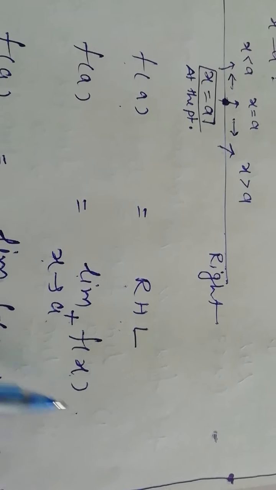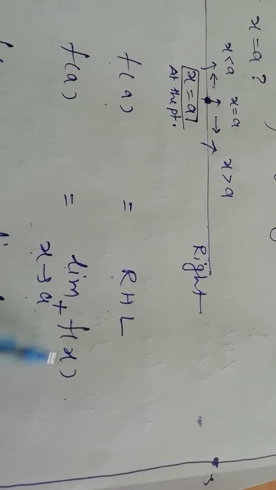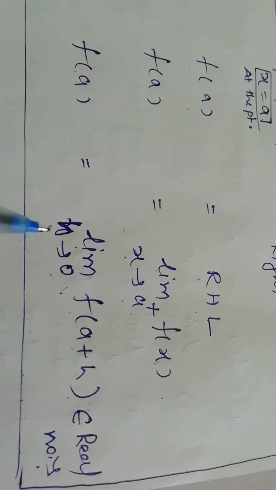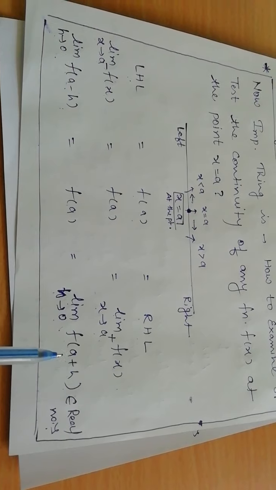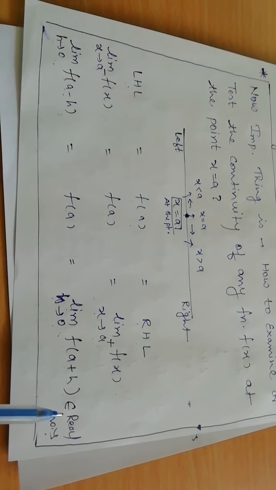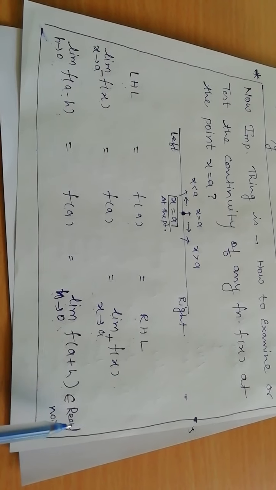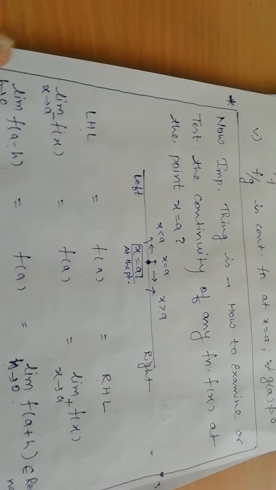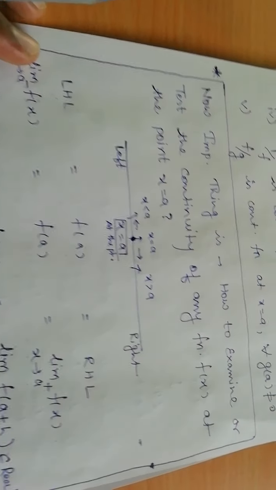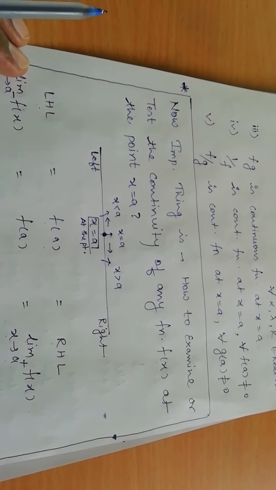It can be expressed this way: limit x tends to a positive of f of x, and further it can be expressed by limit h tends to 0 of f of a plus h, and all three results should be equal and belong to the real numbers. So this is the way to understand the continuity, and now I am going to discuss some problems in the next video.